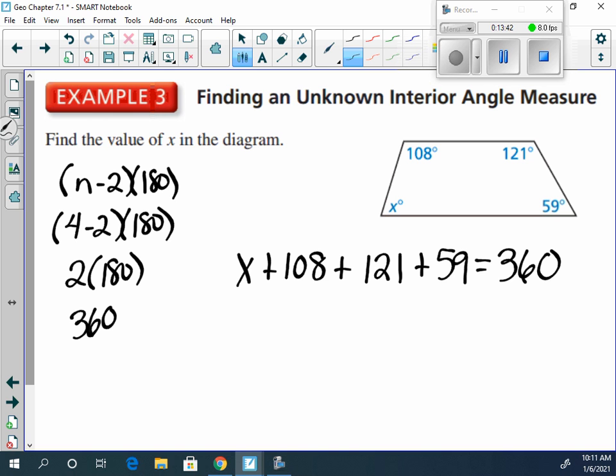Now we just need to solve for the value of x. Well, to do that, it's going to be easiest if we combine like terms first. So we can add these 3 together. Well, 121 and 59. 1 and 9 is going to be 10, so 0 carry the 1, 5, 6, 7, 8. 180.